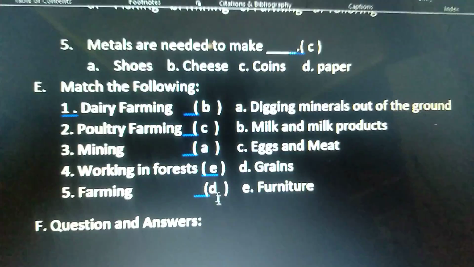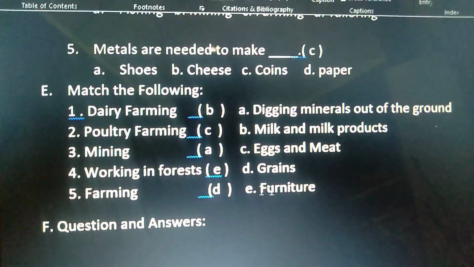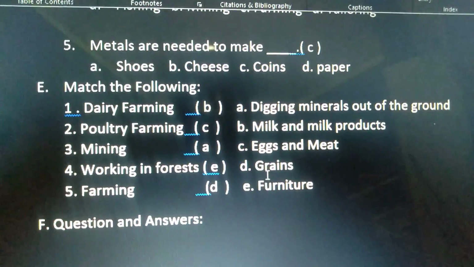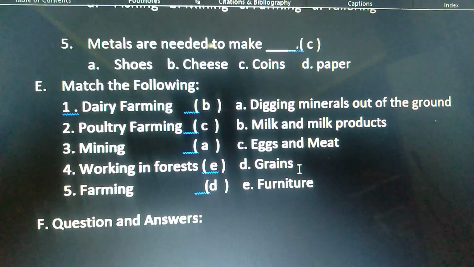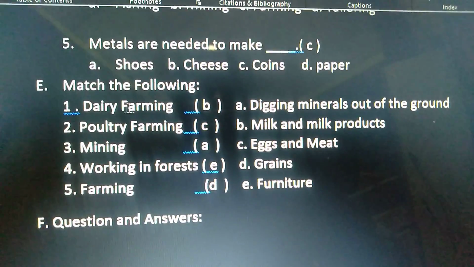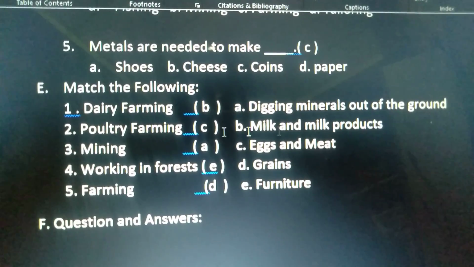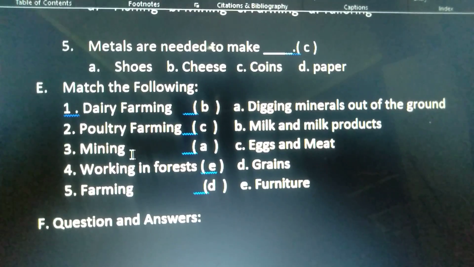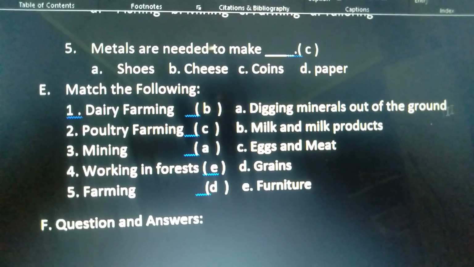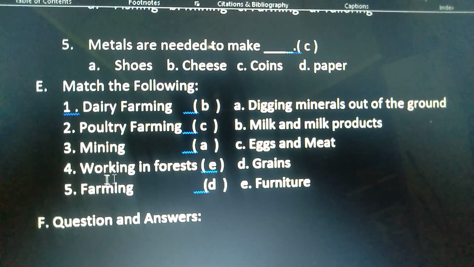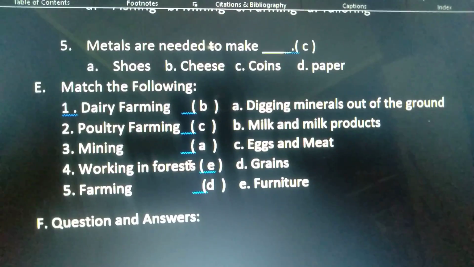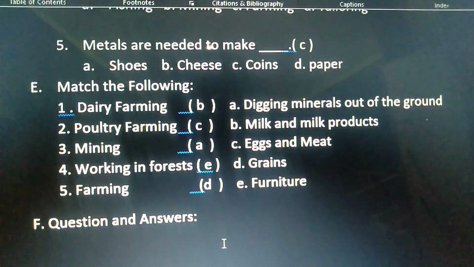Working in forest means option E, furniture. Fifth one, farming. Farming means grains. So dairy farming is milk and milk products. Poultry farming is eggs and meat. Mining is digging minerals out of the ground. Working in forest is furniture. Farming means grains. Now see question and answers.